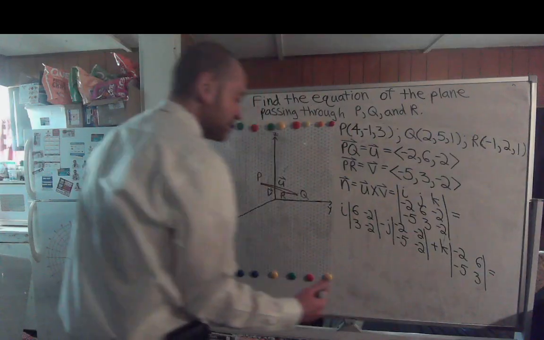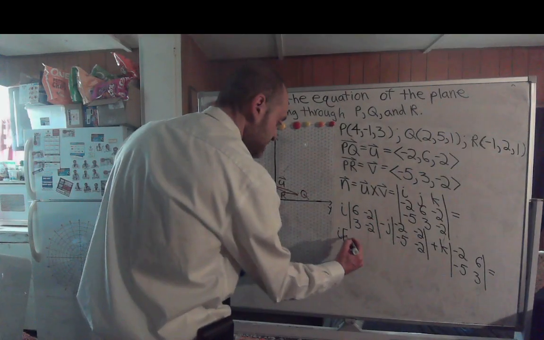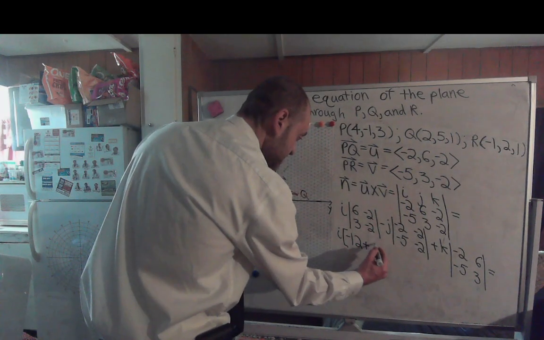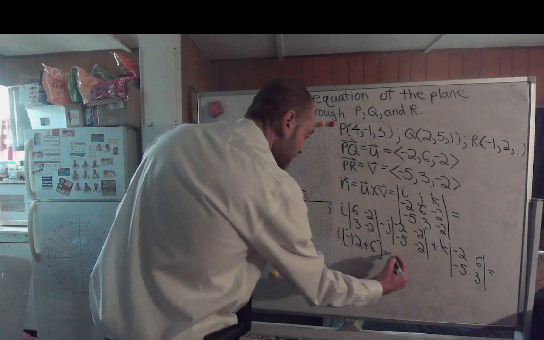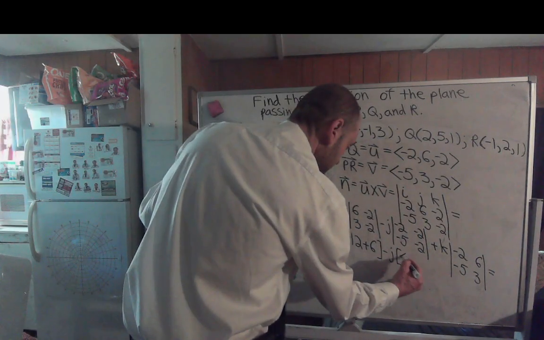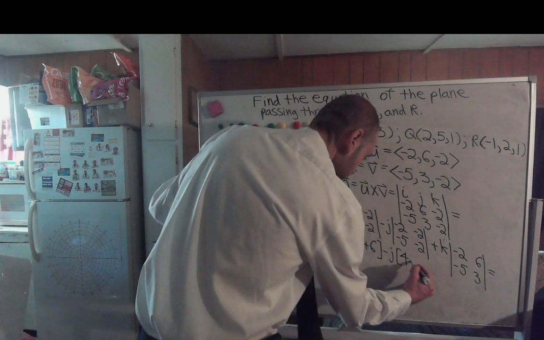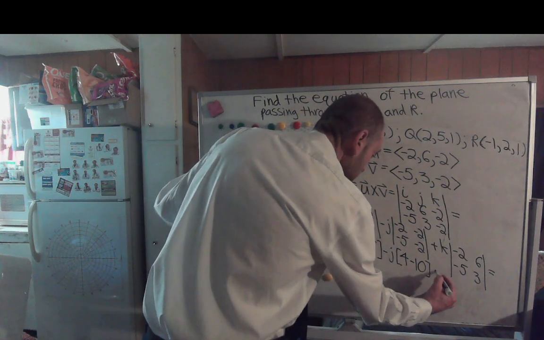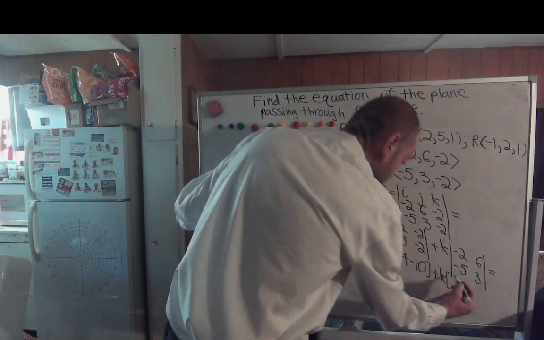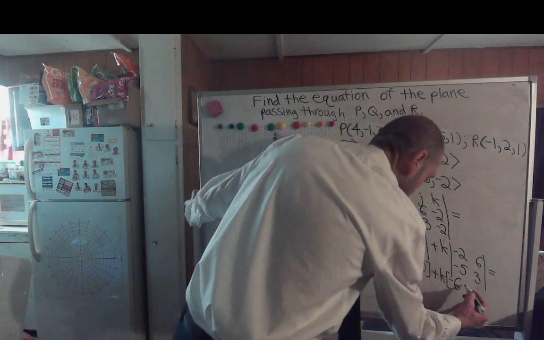Alright, let's do the determinant. You would have I times the quantity of 6 times negative 2, that's negative 12, minus negative 2 times 3, that's actually plus 6, minus J times the quantity of negative 2 times negative 2, that's positive 4, minus negative 2 times negative 5, that's minus 10, plus K times negative 2 times 3, that's negative 6, minus 3 times negative 5, that's plus 30.